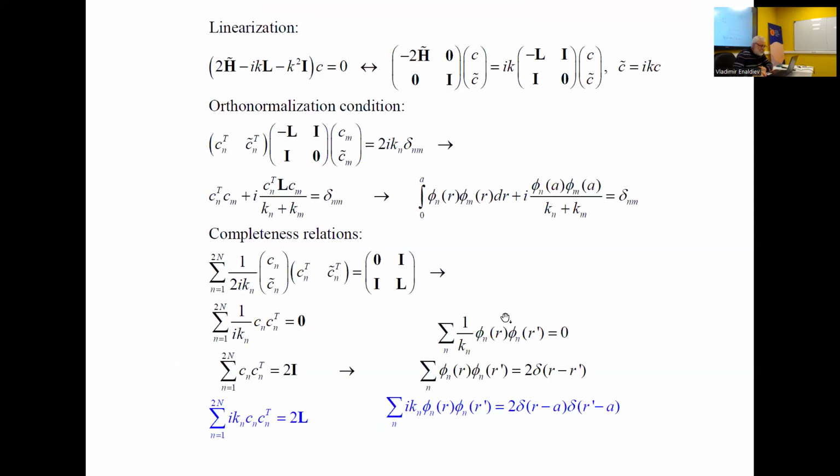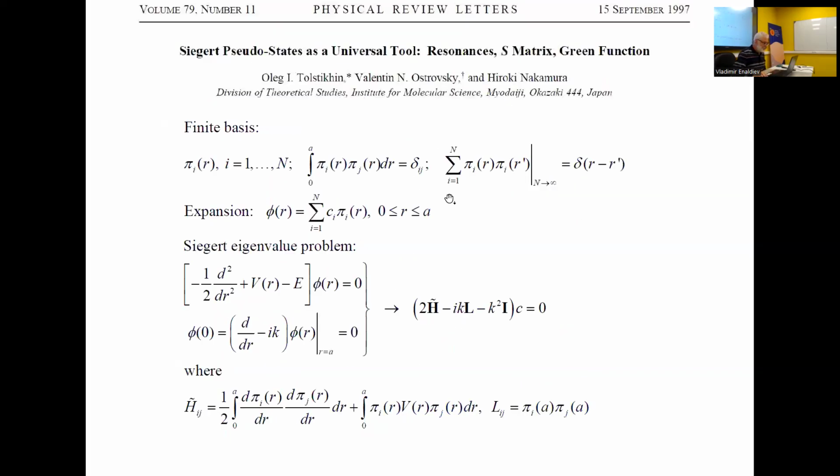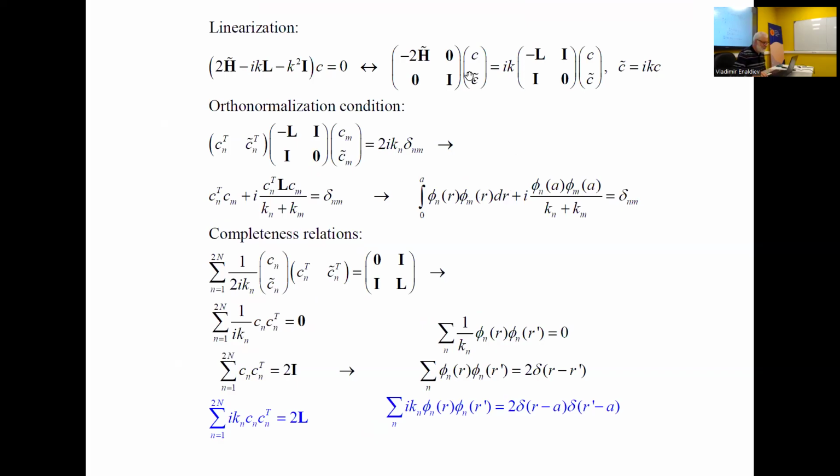And we can do the following trick. This quadratic eigenvalue problem can be linearized. We extend our Hilbert space of vectors, which are composed of the coefficients in this expansion, vectors of length n. We extend this space twice by adding another component of length n given by ikc, where c is the upper component.